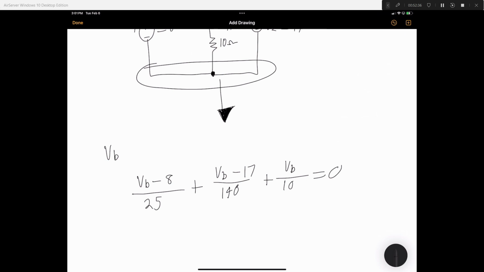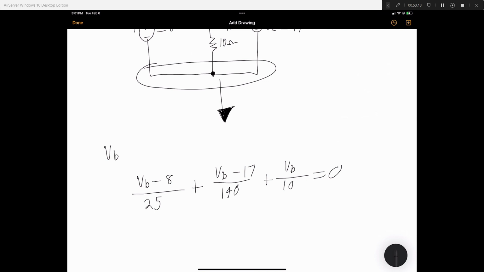Let me put this in real quick: VB minus 8 divided by 25, plus the fraction VB minus 17 divided by 140, plus the fraction VB divided by 10, what we have already written up here. And that'll give us a correct.